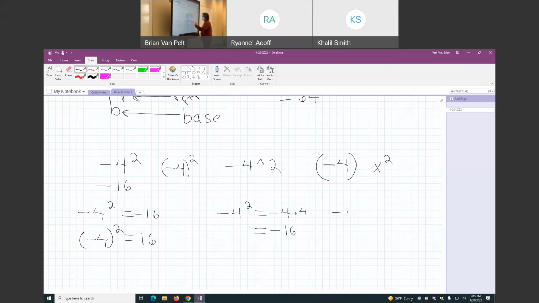This one looks like -4 times -4. And what happens to those negatives? No, it shouldn't. This says whatever has the 2 under it, you take twice, right? Is that negative under the 2?